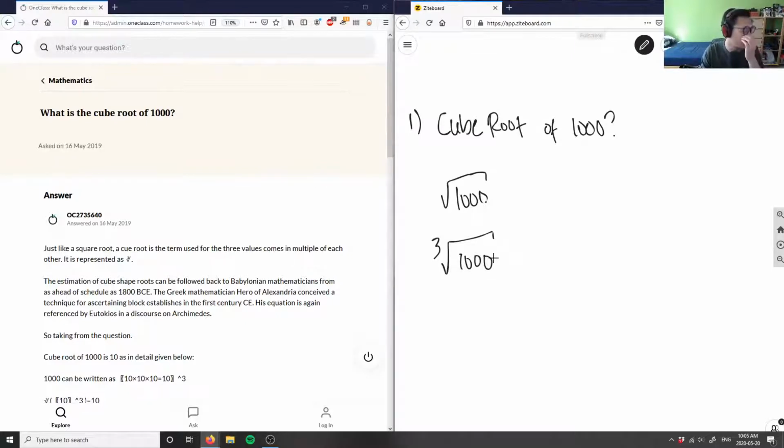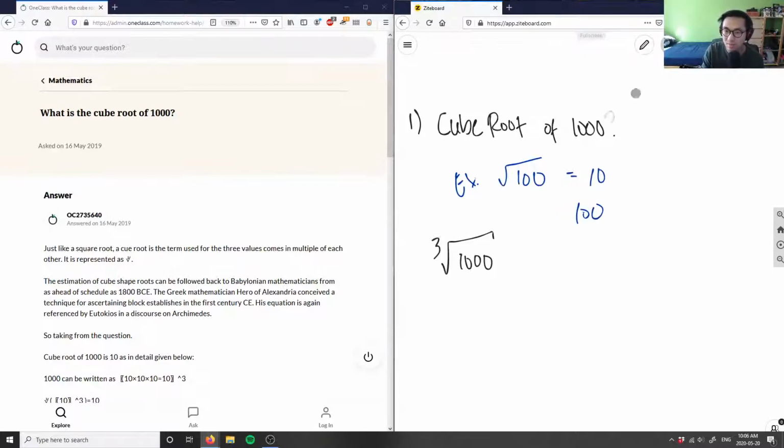Similarly, a square root is the same number times the same number equals the number inside the square root. For example, the square root of 100 equals 10, because 10 squared is 100.